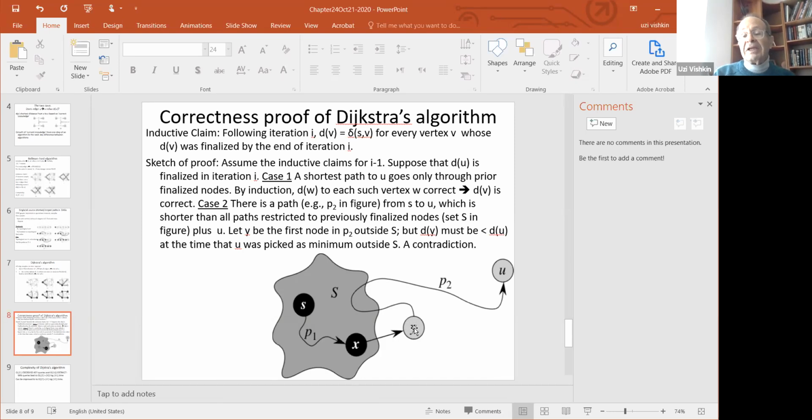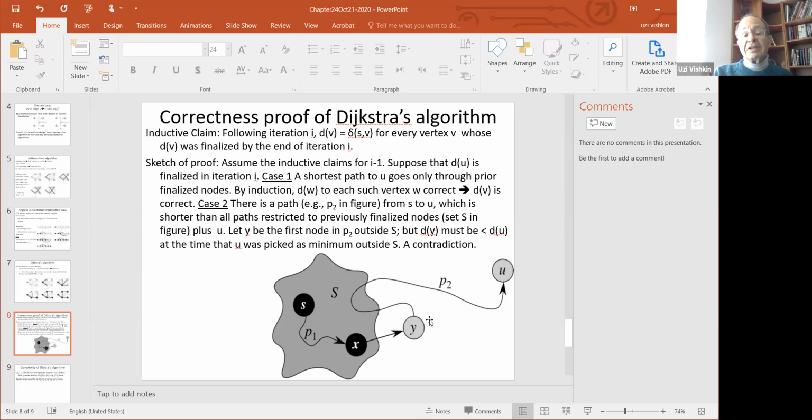What will be the key claim? You tell me that in iteration I, the element you chose to finalize the distance to is U. And I claim that by virtue of the shortest path going through a Y, then maybe coming back or whatever, and then reaching U, this implies the distance to Y is less than the distance to U, in contradiction to your selection of U to be the vertex outside of S which has the minimum d.